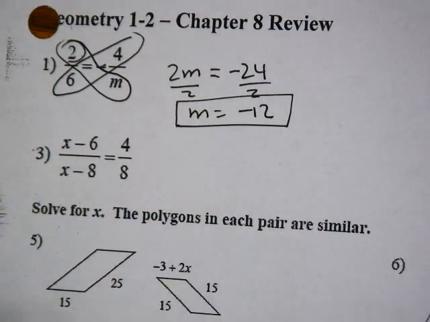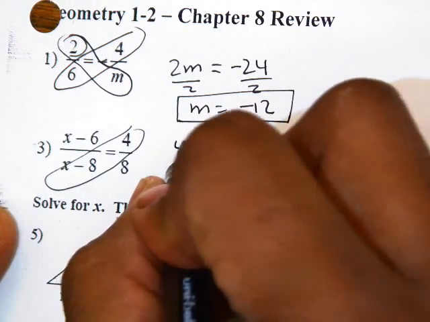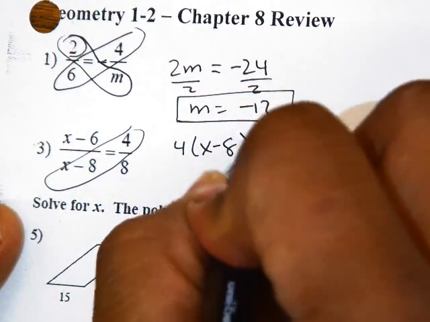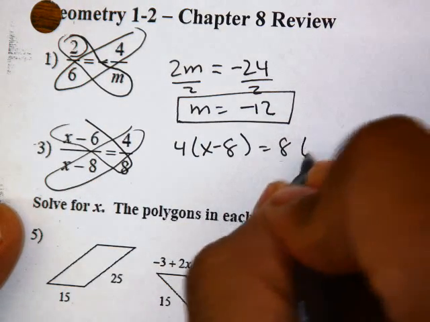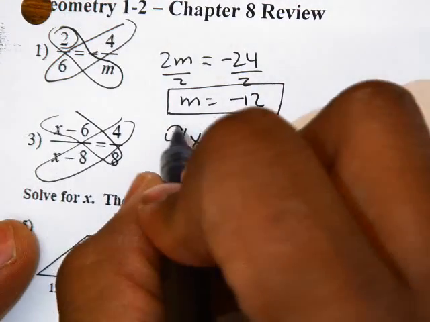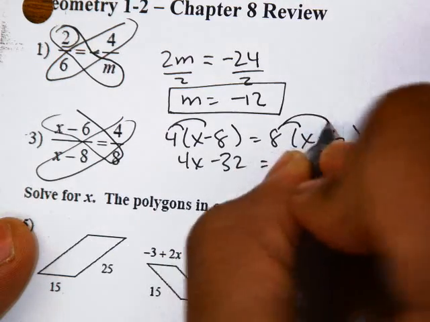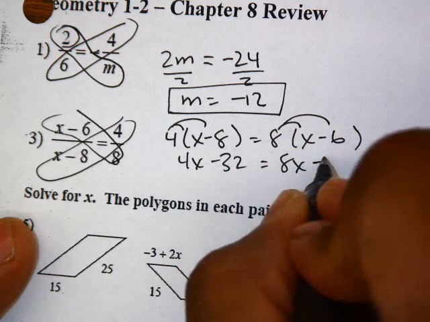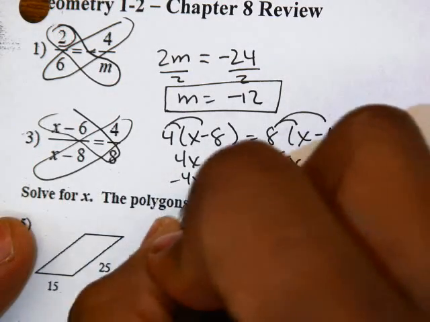On 3, again, cross multiplying. 4 times the quantity x minus 8, 8 times the quantity x minus 6. Distribute. 4x minus 32 and 8x minus 48. Subtract 4x from both sides.